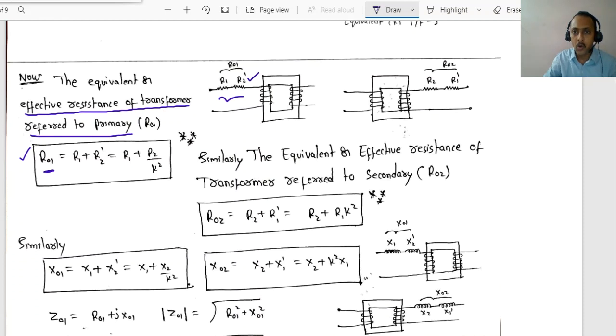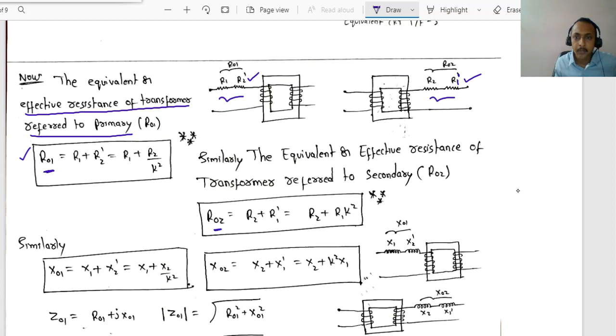Similarly, you can remove the primary side resistor and shift it towards the secondary side. You gave the name R1 dash. Primary side resistance referred to secondary. Its meaning is, now this R2 plus R1 dash is called R02.